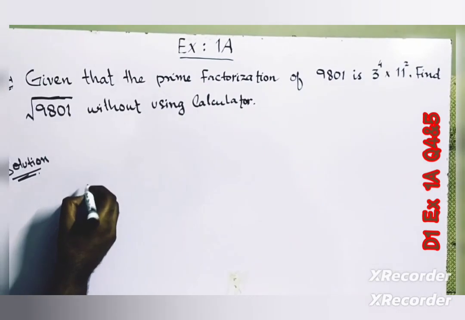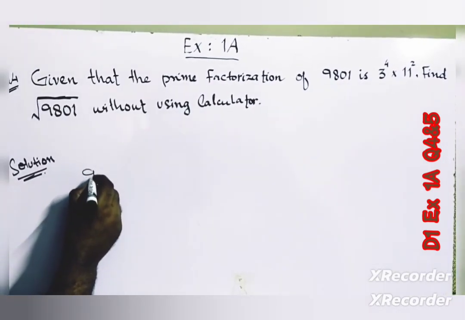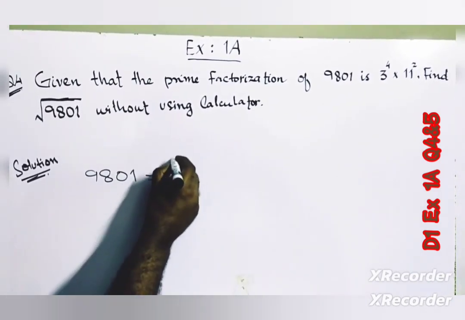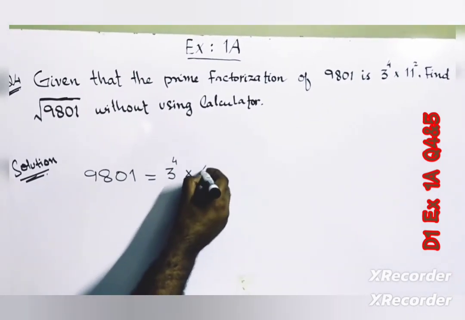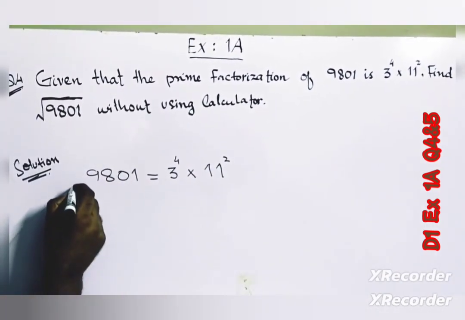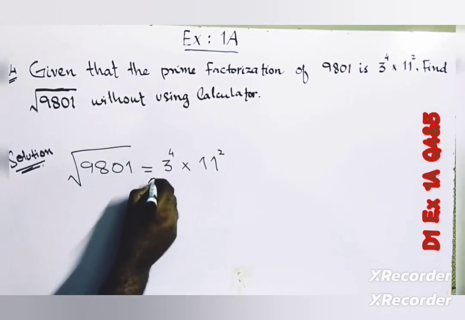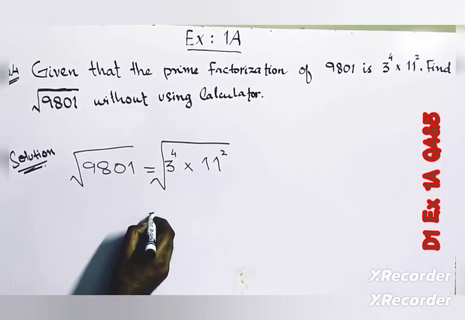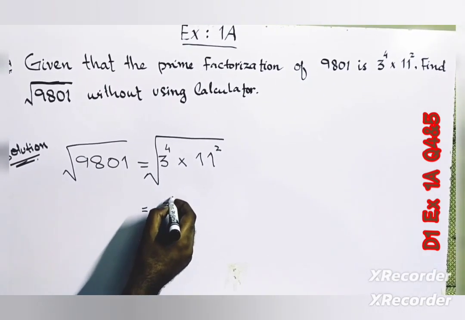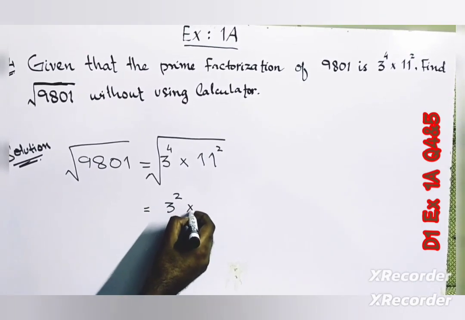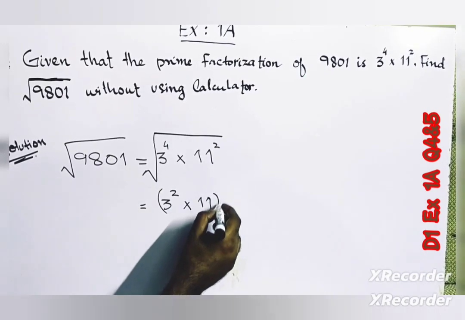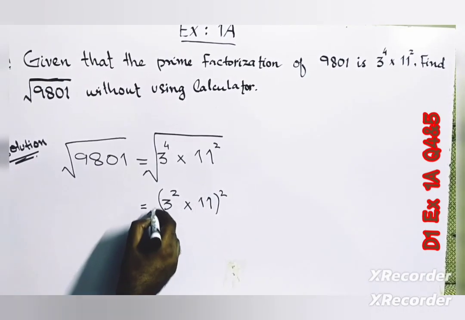So given that the prime factorization of 9801 is 3 index 4 into 11 index 2. Since there is a square root, we put a square root on both sides. Now for solving this, we make 3 index 4 as 3 square, multiply by 11, and we put the whole square so that our square root can be cut out from it.